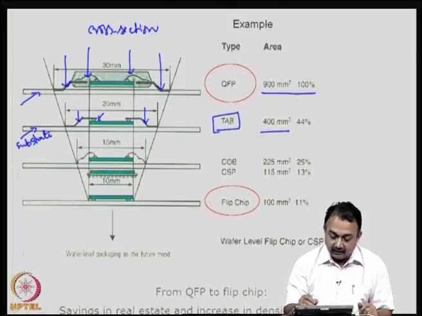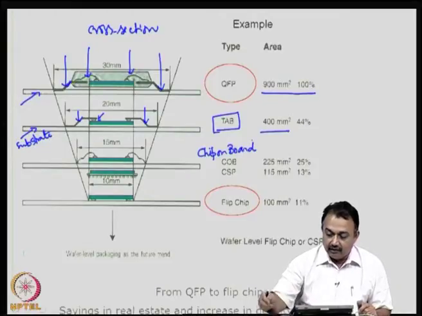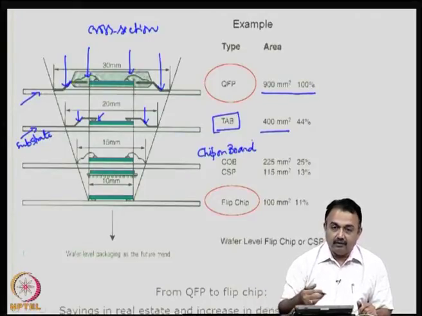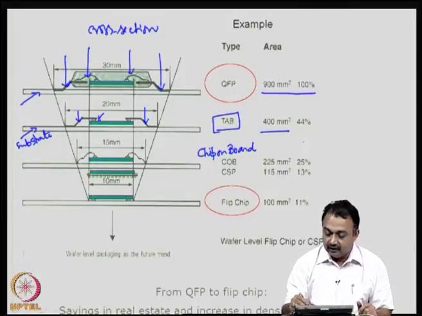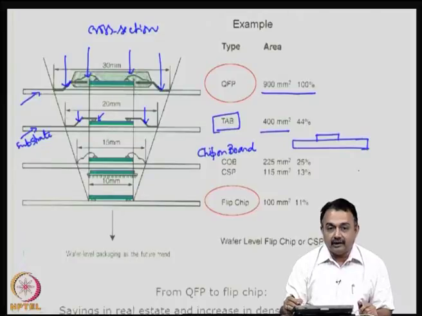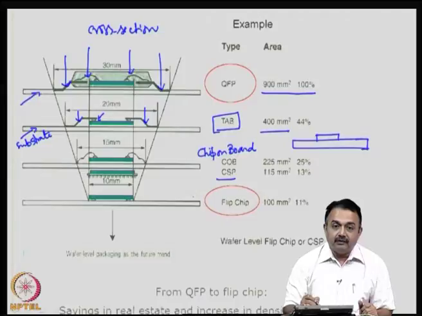Then other techniques like chip on board, COB stands for chip on board. We are going to see what a chip on board is. Basically, a bare chip mounted on a printed wiring board is chip on board. So, if you take an organic substrate like this, you assemble a bare die without packaging, or a CSP which is close to being called a bare die but has some amount of package material.